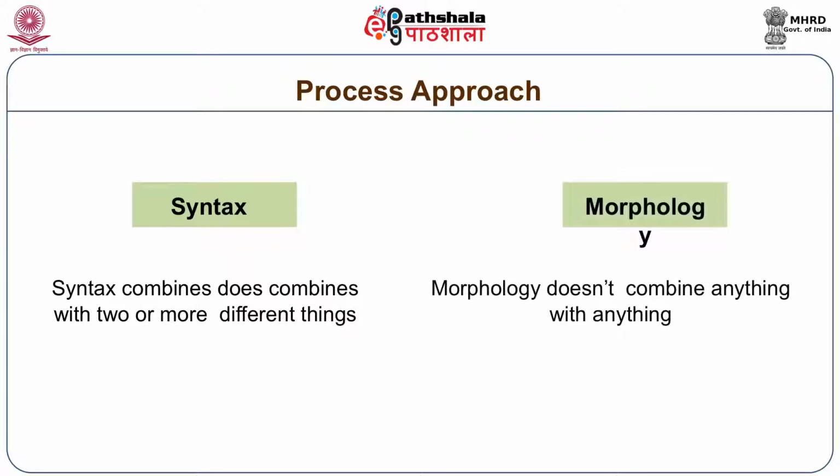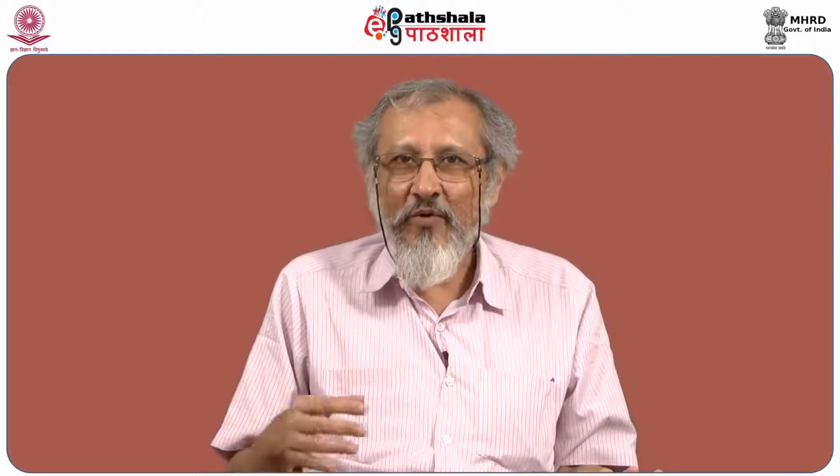Morphology does not combine anything with anything. There are no morphemes. Therefore, there is nothing to put together to form a word. A word is formed from other words by these forms of analogy that are set up in the form of word formation strategies.